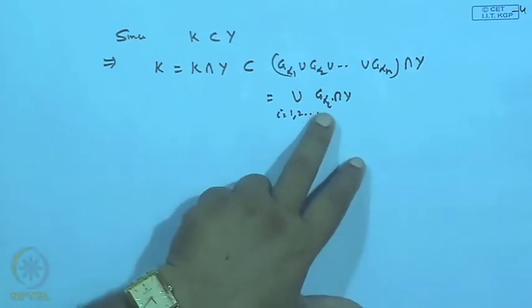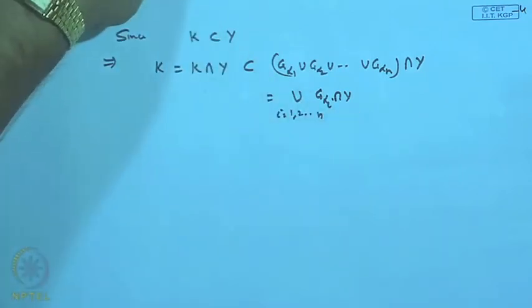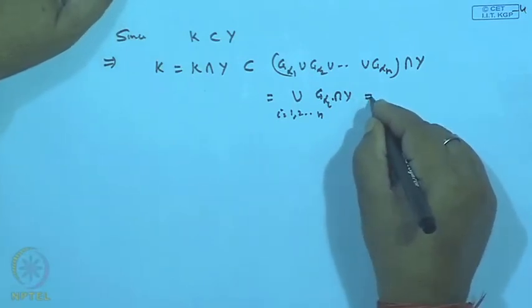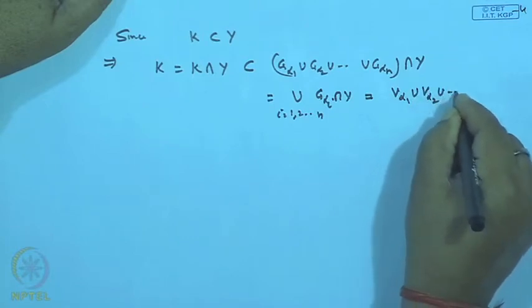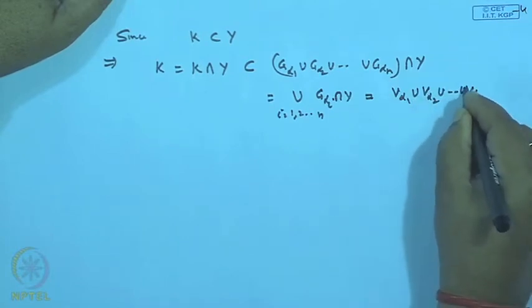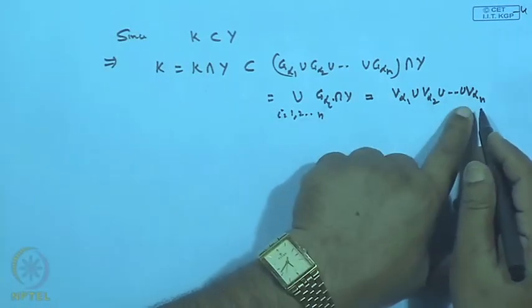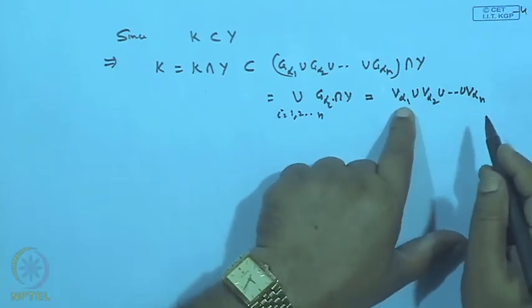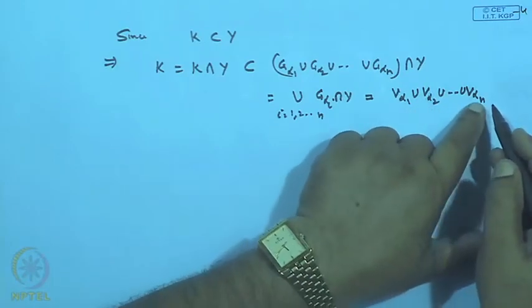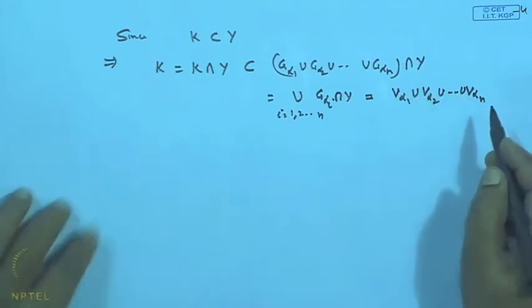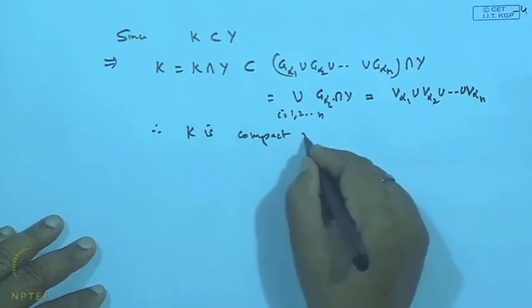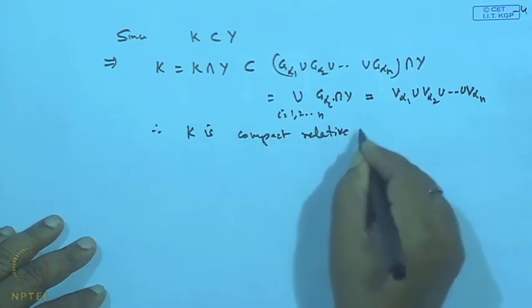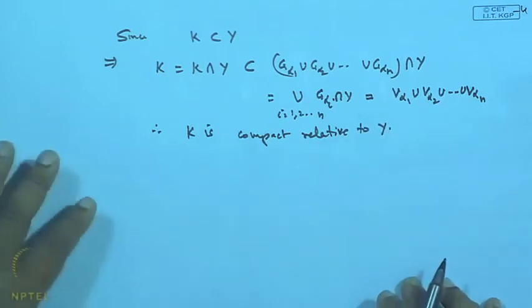But G alpha i intersection Y is nothing but V alpha i, is it not? So, this is the same as the union V alpha 1 union V alpha 2 union V alpha n. So, K is contained in this union, that is, a finite number of the open subsets relative to Y covers K. This shows K is compact relative to Y.